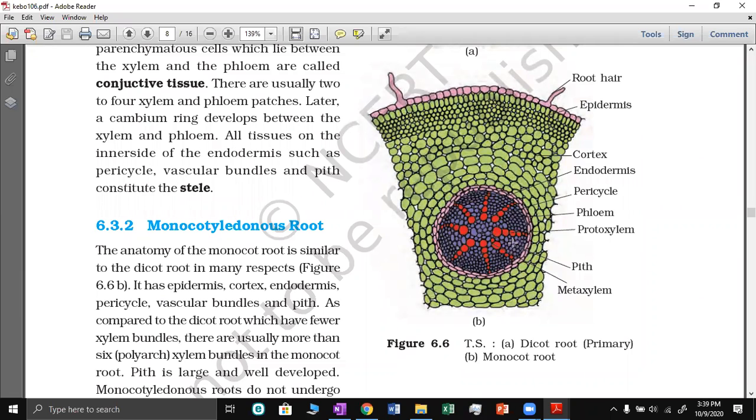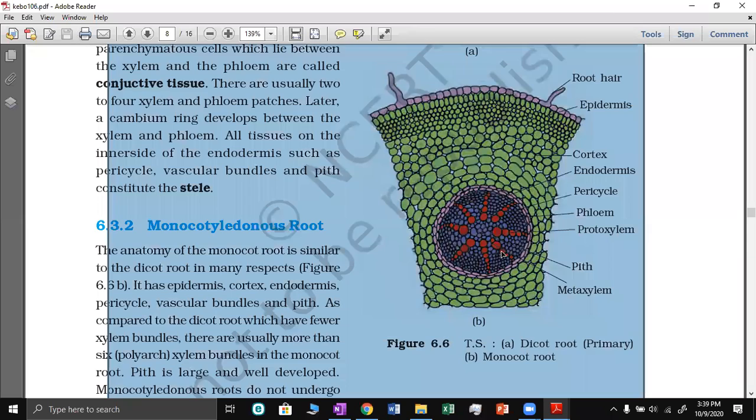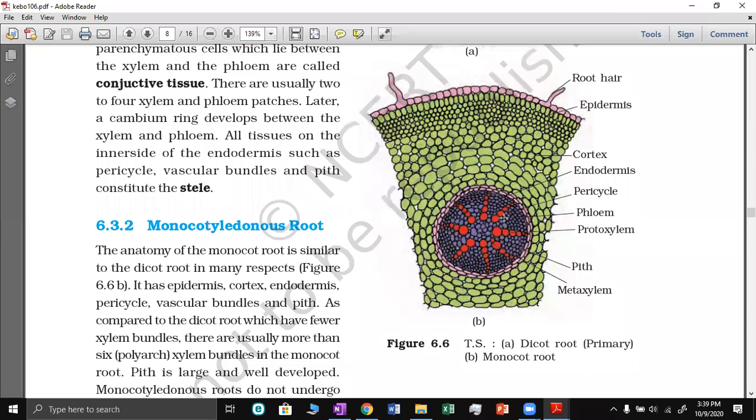You can see the diagram of the root. How many xylem can you count? 1, 2, 3, 4, 5, 6, 7, 8. 8 patches of xylem, and alternating with that there is phloem. These portions are phloem, the small cells.